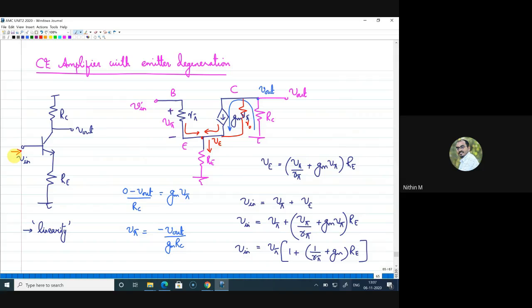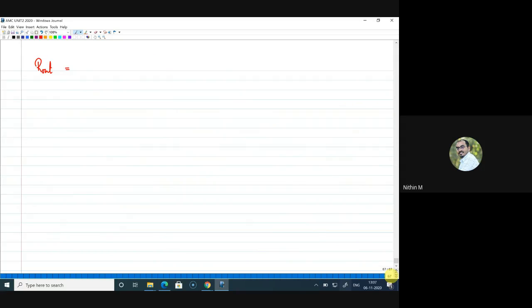You can try this, and whatever we have done just now is the same as R in. So you can try this and check whether you are getting this formula: beta plus 1 into re plus Re. That will be your R in formula, and your R out formula will remain the same as what we did before. Let me copy the same value from here.